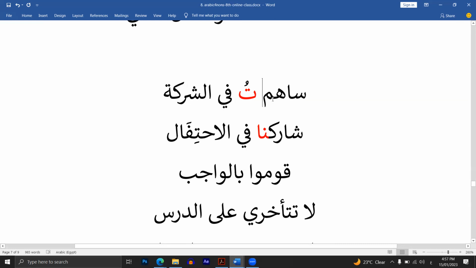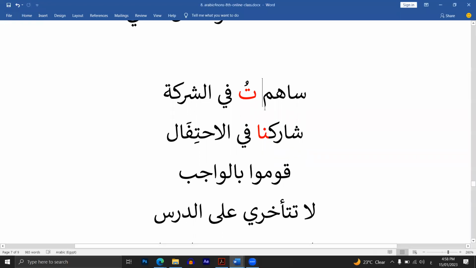So I separated between the verb and the connected pronoun.